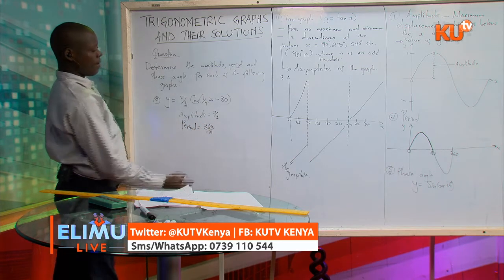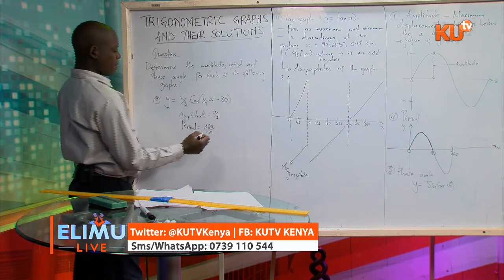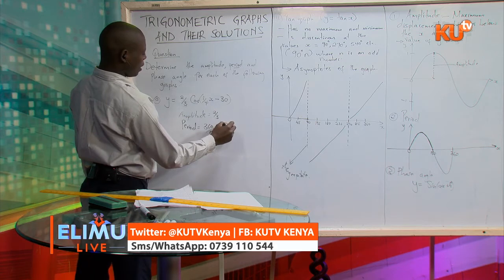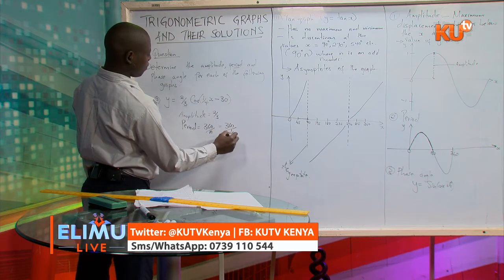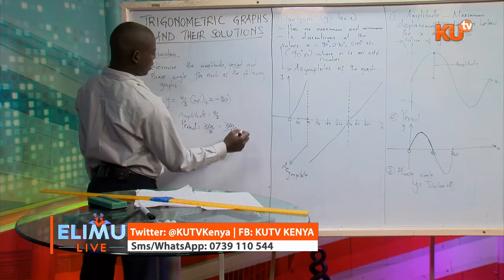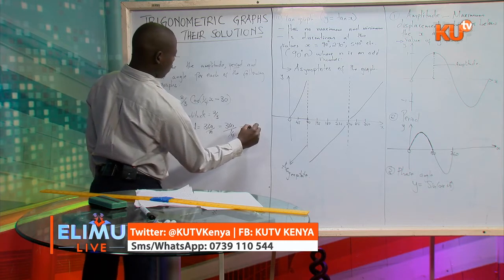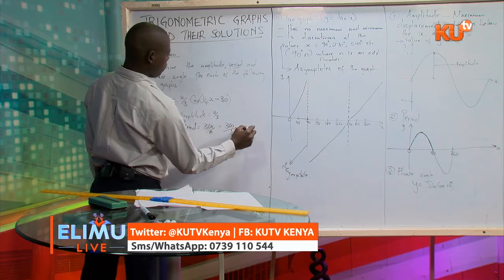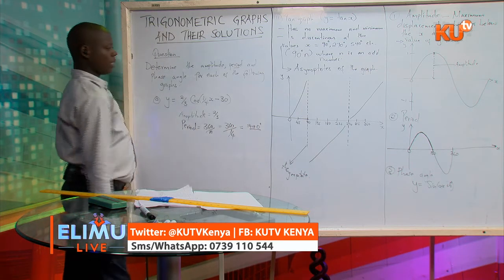And what is n? n is the coefficient of x, in this case a quarter. So it's simply 360 divided by a quarter. When you divide by a quarter, it simply means you multiply by 4 because that's the reciprocal. And so your answer will be 1440 degrees. That is the period.